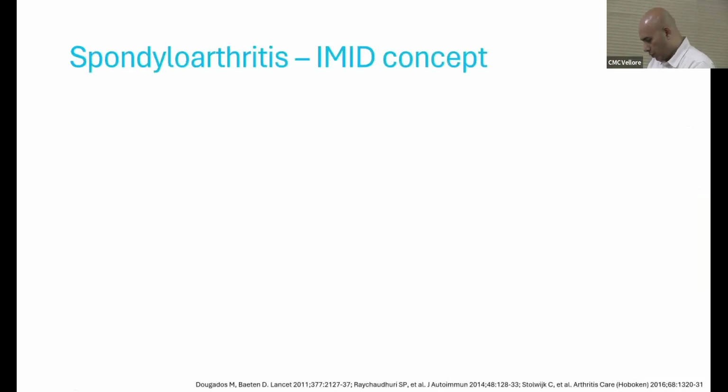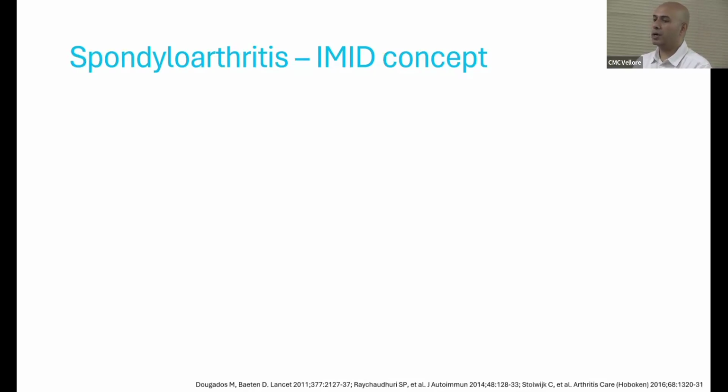So here we go. Spondyloarthritis is actually a bunch of terms, a bunch of diseases, which are now brought into a whole basket of immune-mediated inflammatory diseases. When I call it IMID, it's a concept which came up after understanding of the pathophysiology and pathogenesis, especially the cells and pathways involved.